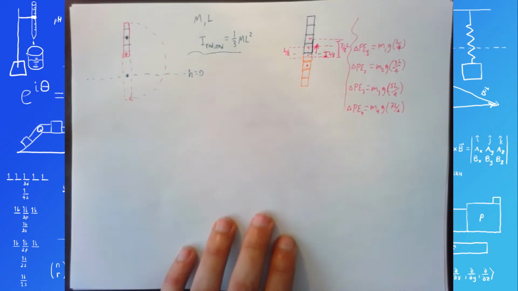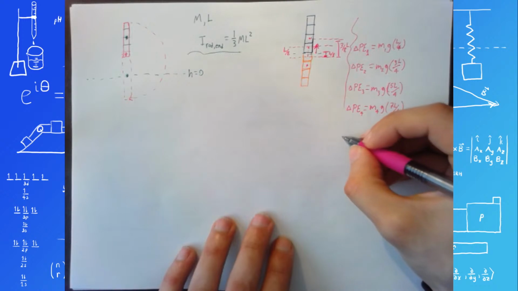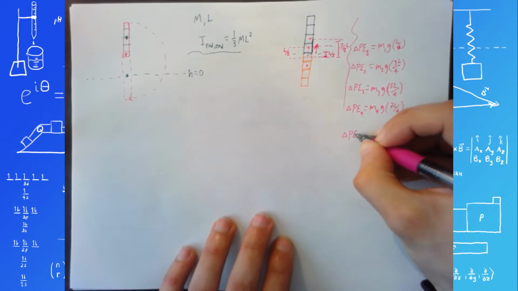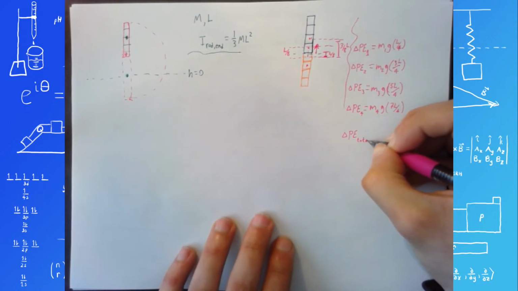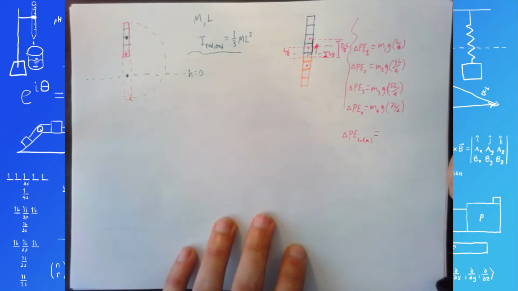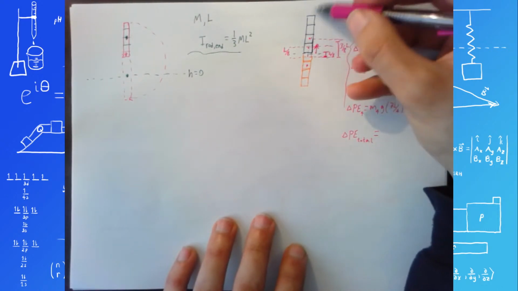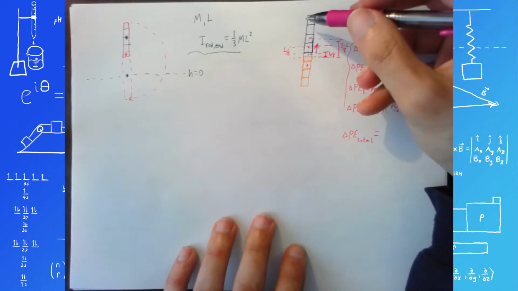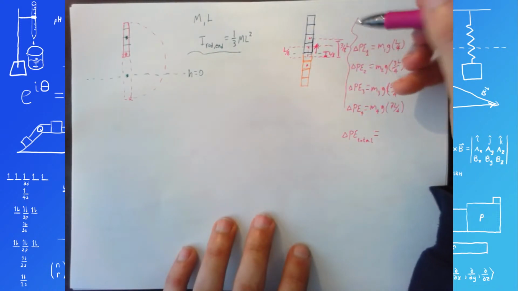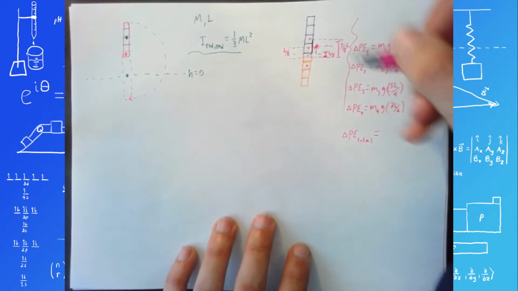And so the total change in potential energy would be, well, each of these M's, M1, M2, M3, and M4, if we're assuming that this rod is uniform, is just going to be 1/4 of the total mass. It's just going to be big M over 4.